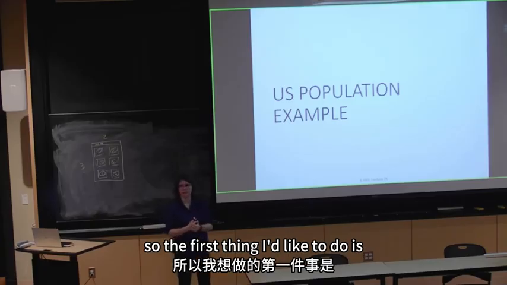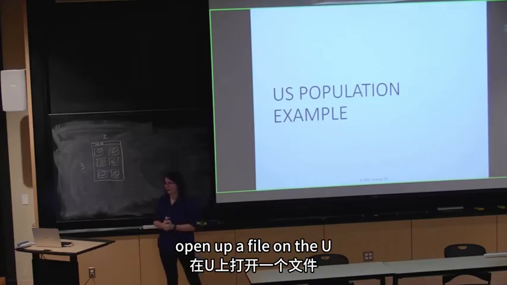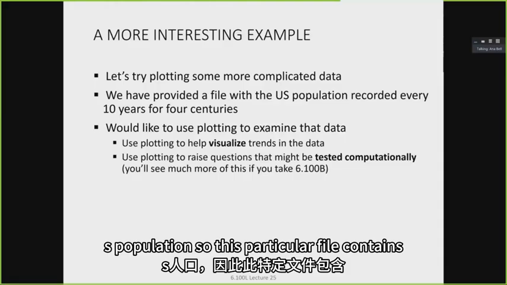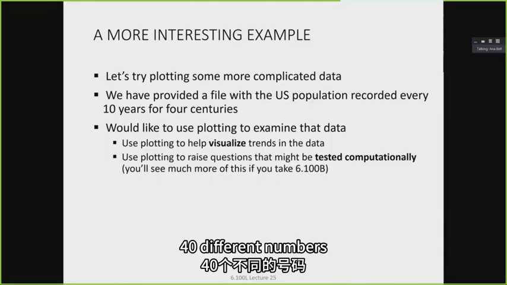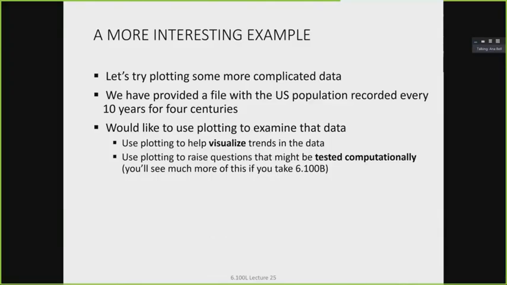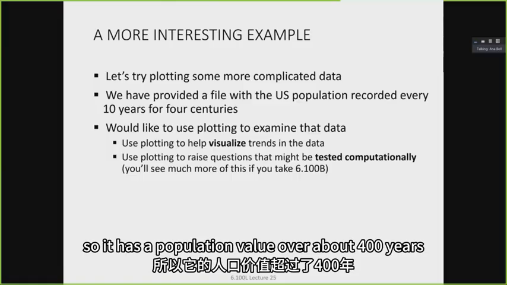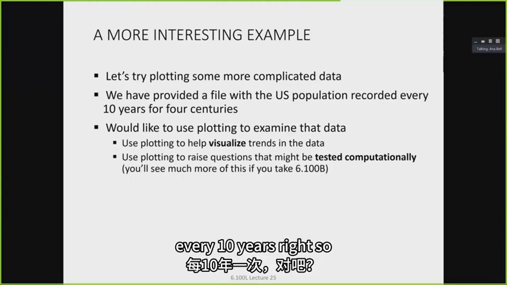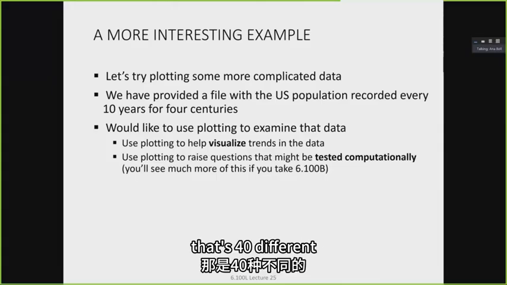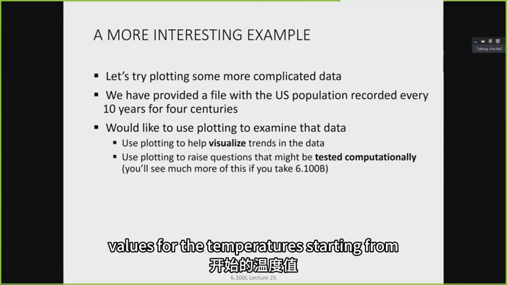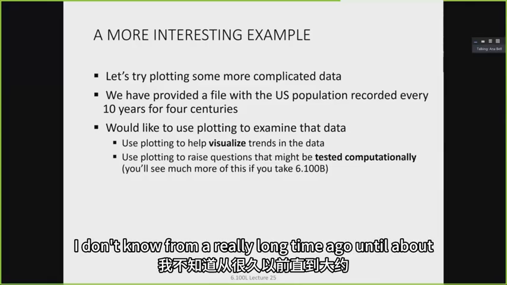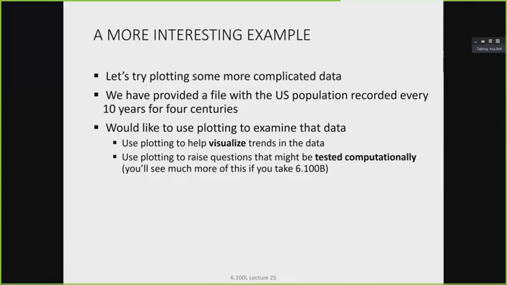So the first thing I'd like to do is open up a file on the US population. This particular file contains 40 different numbers. So it has a population value over about 400 years every 10 years. Right? So that's 40 different values, starting from a really long time ago till about 2010 or something like that.